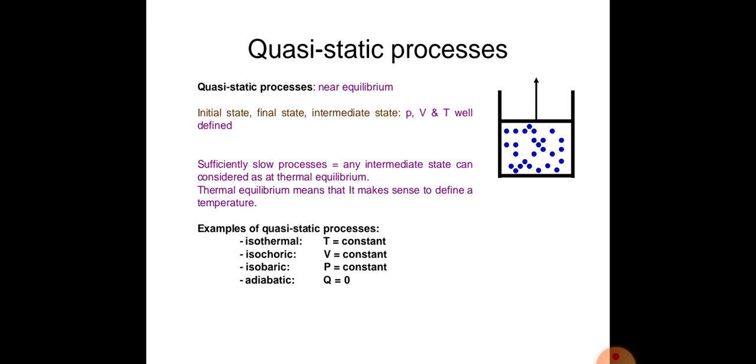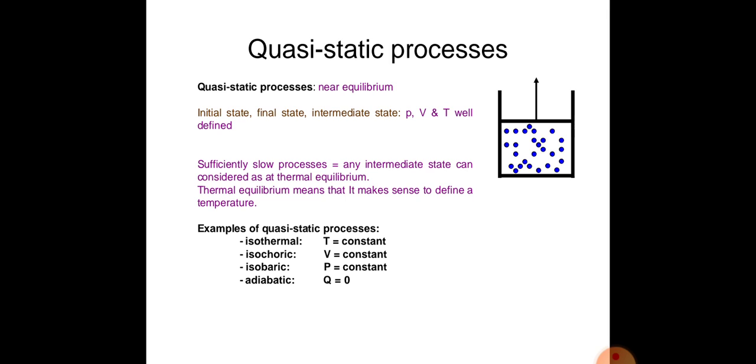So what is the meaning of these three equilibriums? First is mechanical, second thermal and third chemical. We see one by one the definition of these three types of equilibrium.